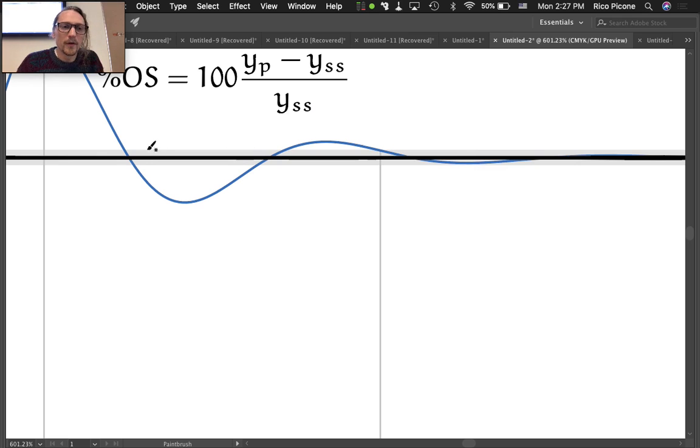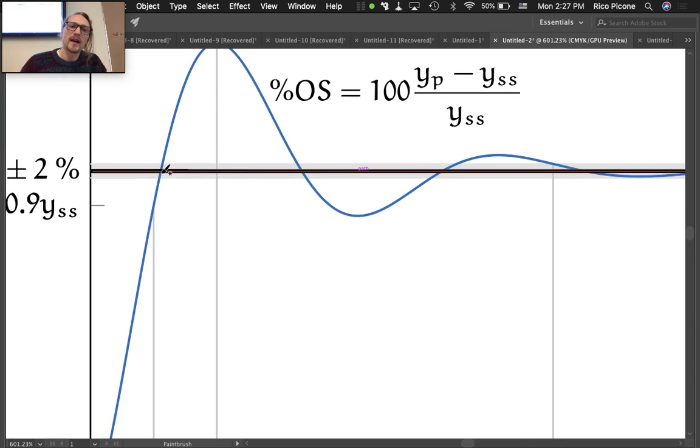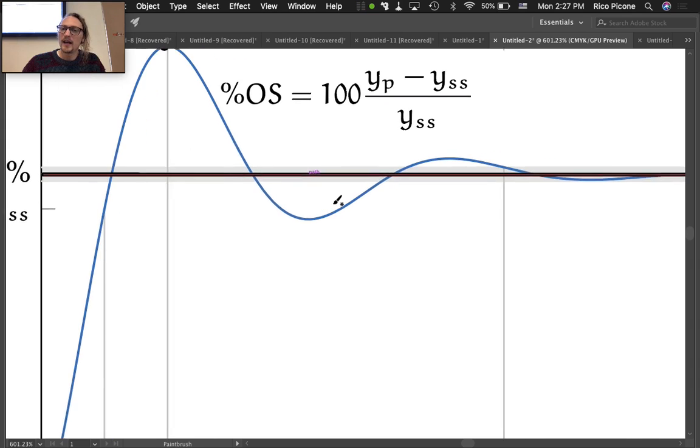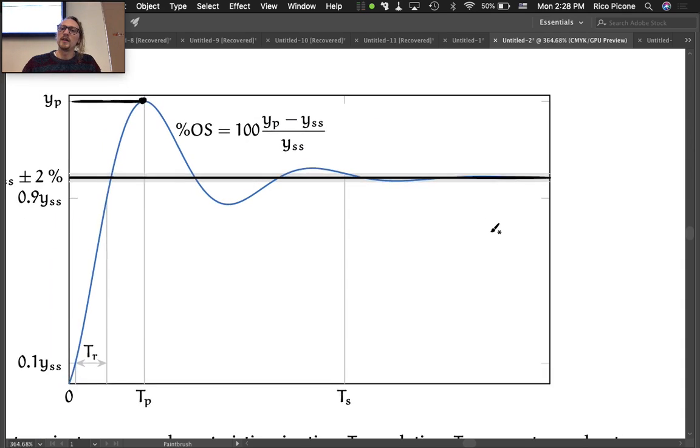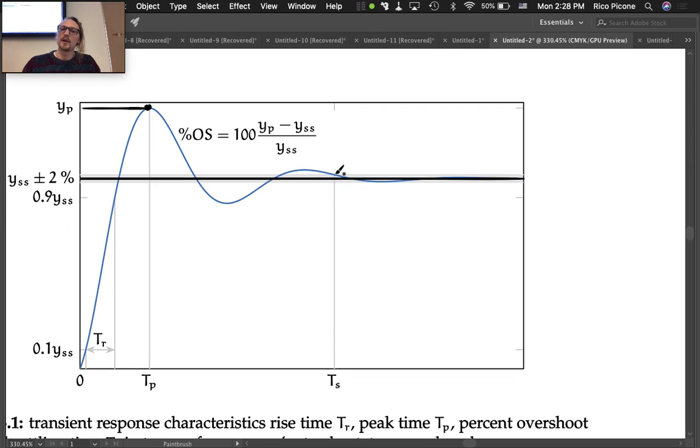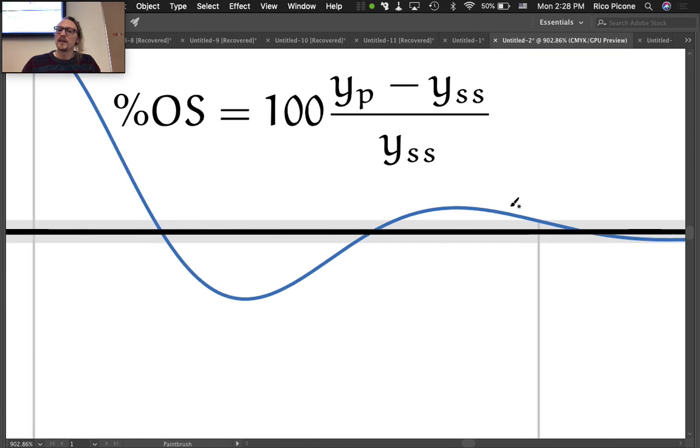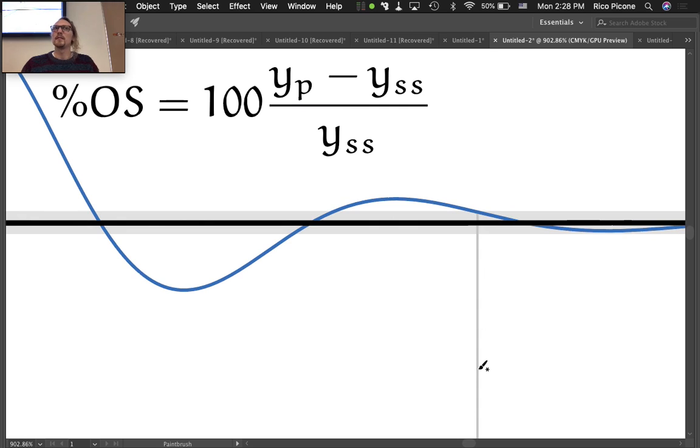So what you look for is, okay, it goes into this band right away, actually, but then it leaves again, so that's not it. It leaves again, but this time it comes in, and it doesn't leave the bounds this last time. It stays within. So we use that as the settling time. Whatever time that occurs is the settling time, the amount of time from 0 to that time.